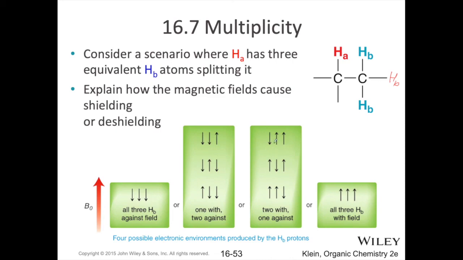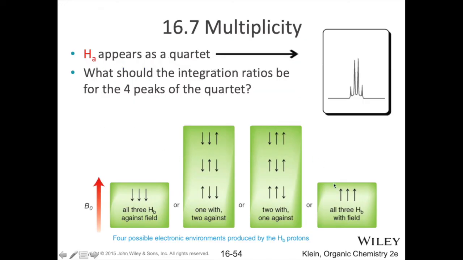Or you could have 2 with and 1 against, and again there are 3 scenarios. So now it's a 1 to 3 to 3 to 1 ratio, and that's what a quartet looks like. That's the splitting pattern we observe for a quartet.